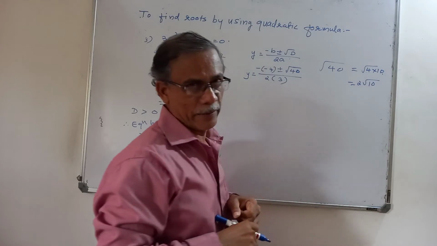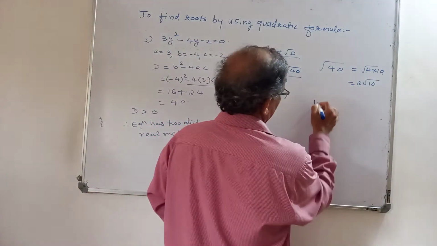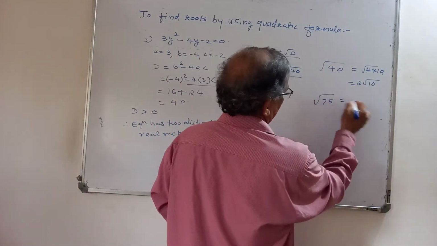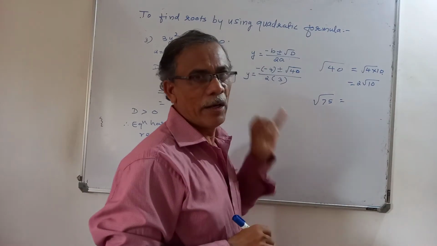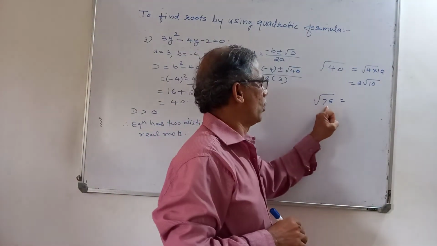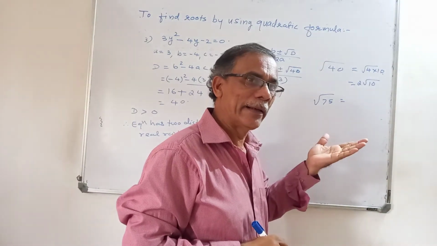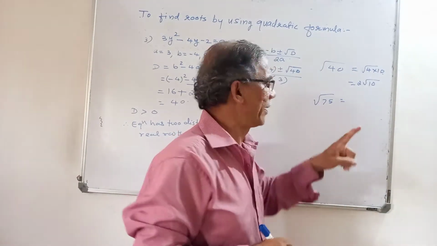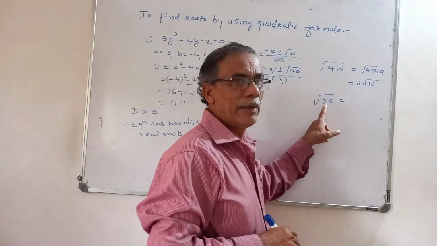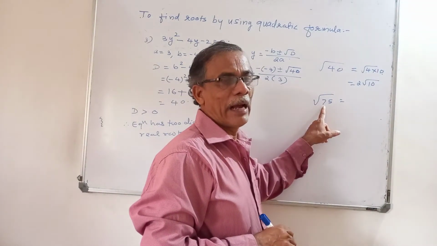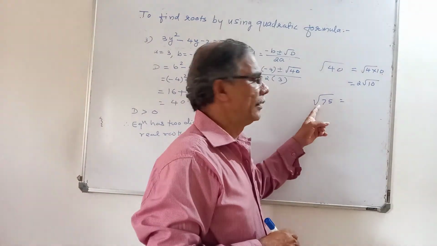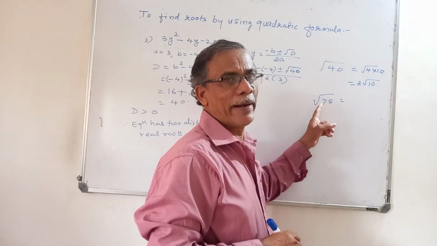We cannot obtain the square. Suppose you have root 75. How to simplify? First perfect square is 4. 4 will not divide here. After 4, second perfect square, 3 square 9 is the perfect square. 9 also will not divide 75. After 9, 16. 16 is also not dividing 75.